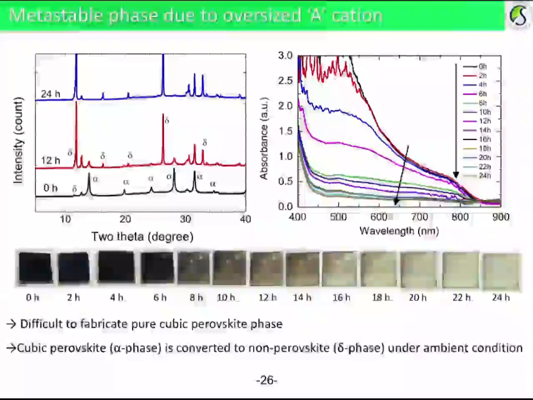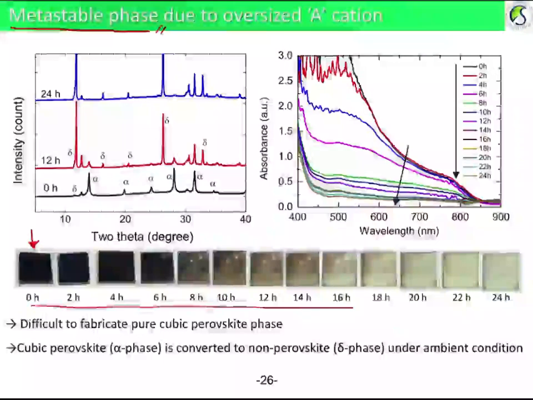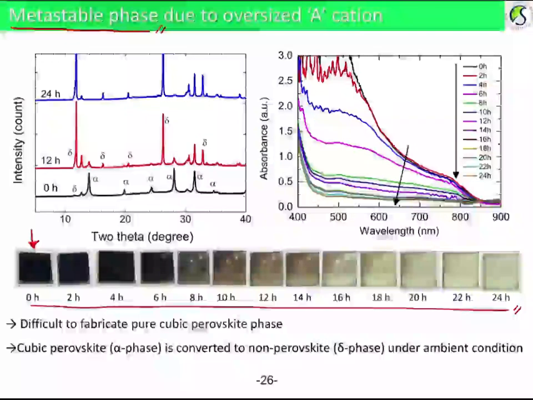And because of such a metastable perovskite phase, this cubic formamidinium perovskite film, although we form it at 150 degrees C, as we store this film under ambient condition or relatively higher humidity condition, it can easily convert back to the hexagonal non-perovskite phase, which has a much higher band gap.